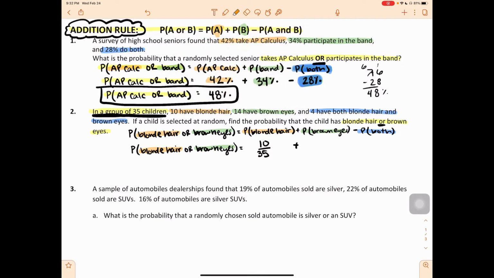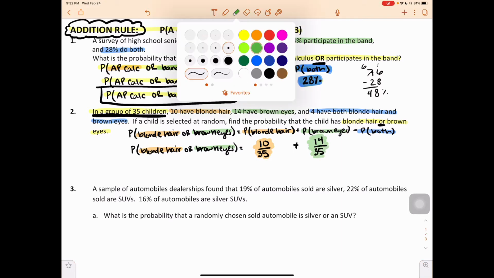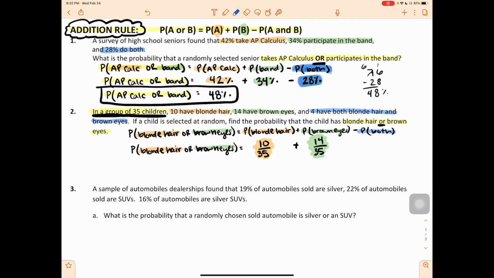So here I have 10 out of 35 for blonde hair. Now for brown eyes, 14 out of the 35 children have brown eyes. That's what would be event B in the little formula. We have to take out the students who have both blonde hair and brown eyes. In this case, it says 4 have both blonde hair and brown eyes.